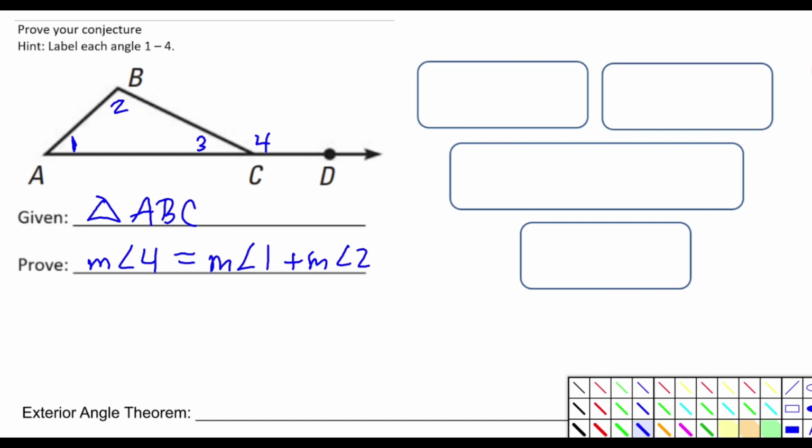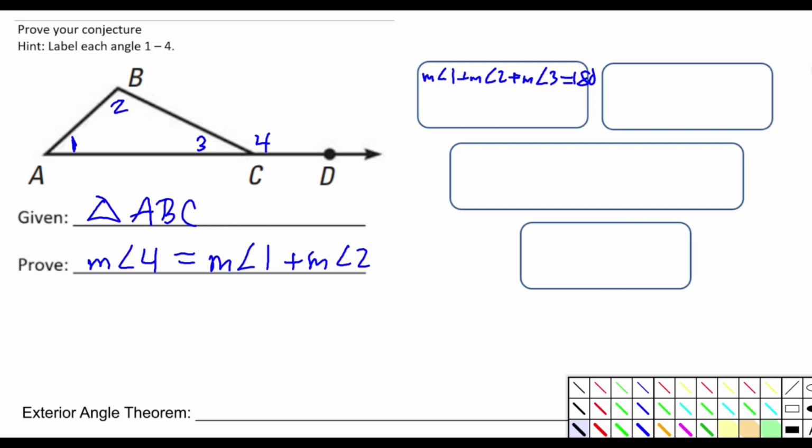Let's see what we got here. So now we have a proof here. It looks kind of easy. It looks like we have 4 statements that we're going to have to write. What do we know about this picture? Well, I see a triangle there, and what can you tell me about angles 1, 2, and 3? Well, I know the measure of angle 1 plus the measure of angle 2 plus the measure of angle 3 has to equal 180. And how do we know that?